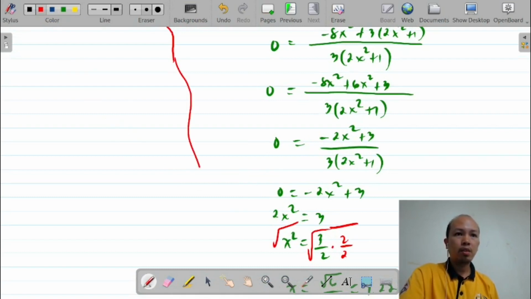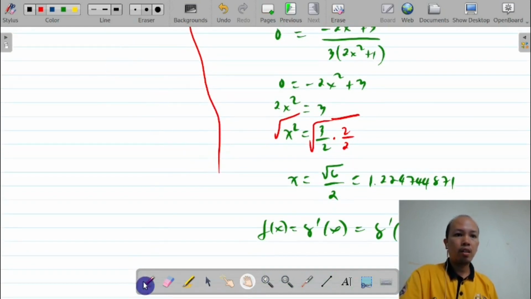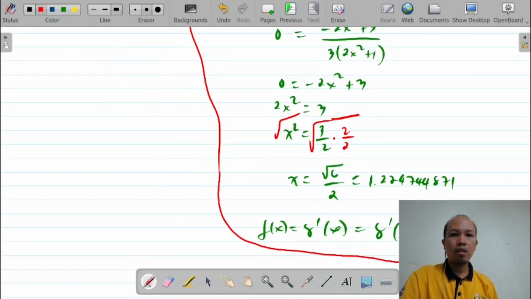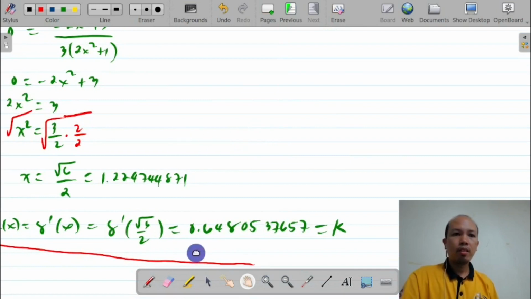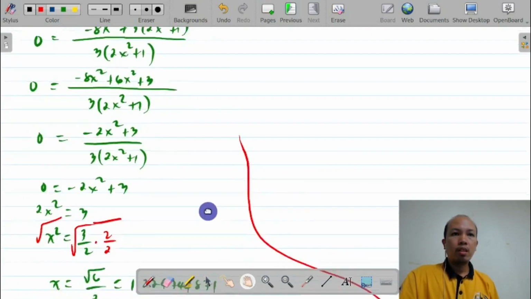So put somewhere here in our bubble thought. Let's make this one somewhere up to the top.